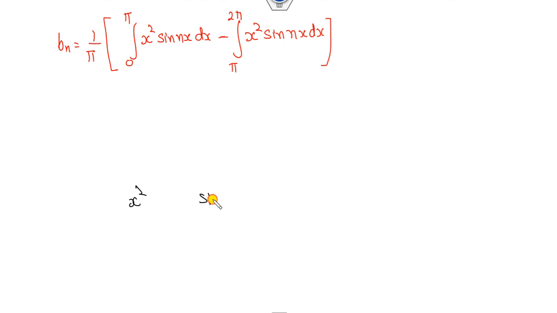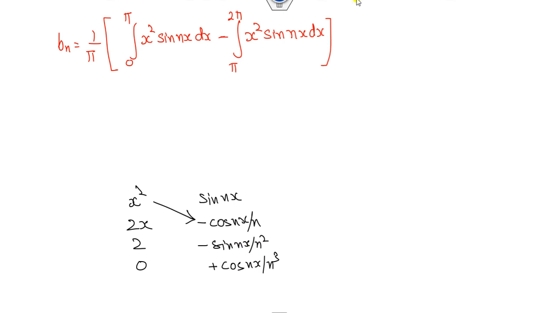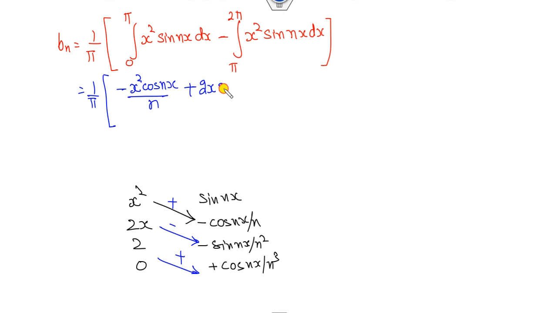Integrating x square sine nx: minus cos, minus sine, and plus cos nx over n cube. So this is the positive sign, this is negative sign, this is positive sign. So 1 over pi times minus x square cos nx over n, minus minus plus 2x sine nx over n square, plus plus is positive cos nx over n cube, from 0 to pi.